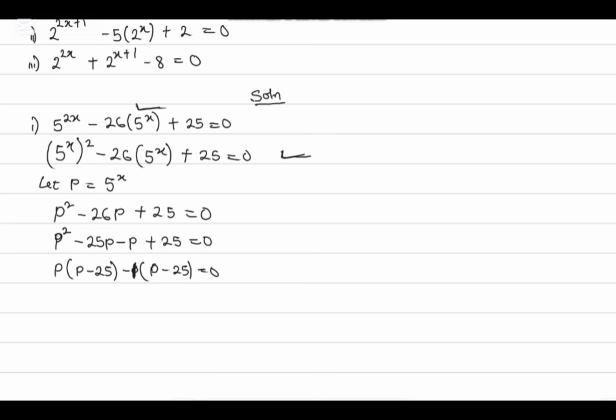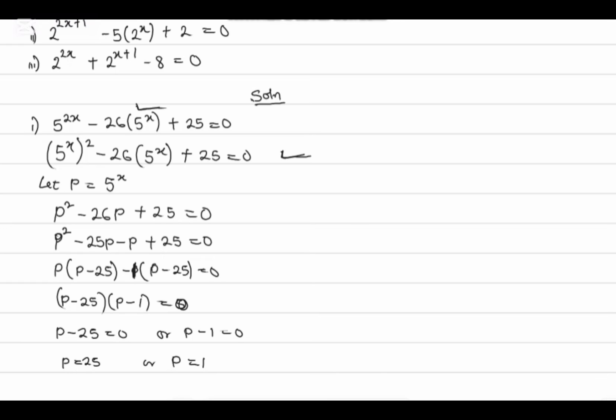And so we have p minus 25 and then p minus 1 equals 0. So you can say p minus 25 equals 0, or p minus 1 equals 0. And then we can say p is equal to 25 now, or p is equal to 1.